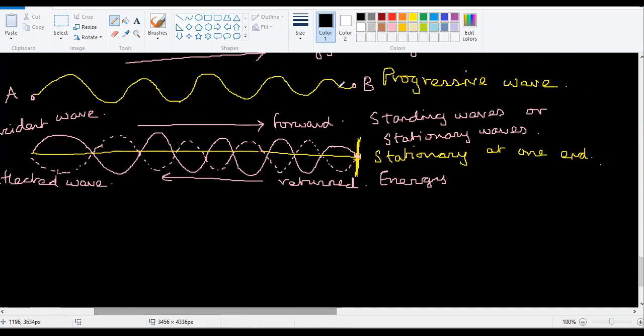Energy is not carried forward as in the case of a progressive wave.